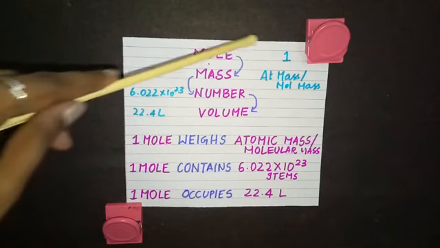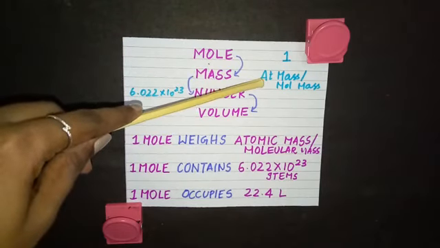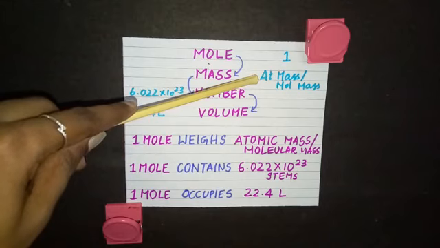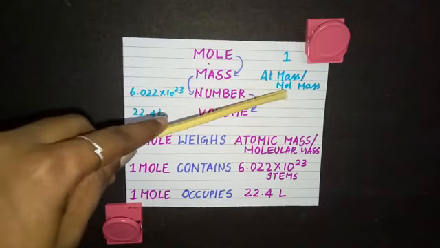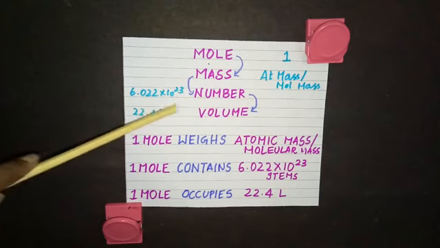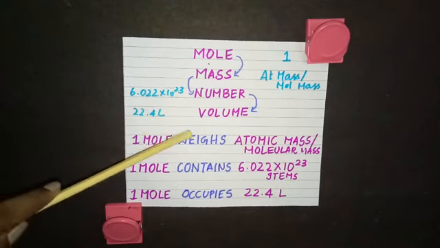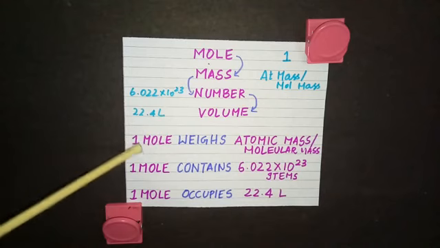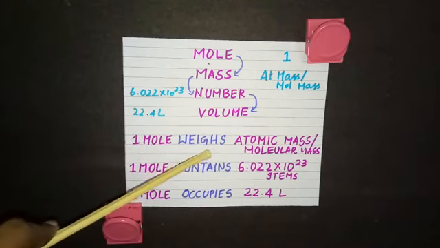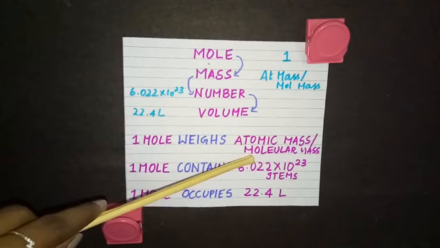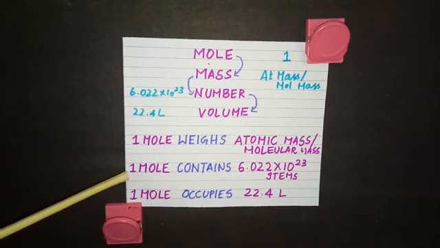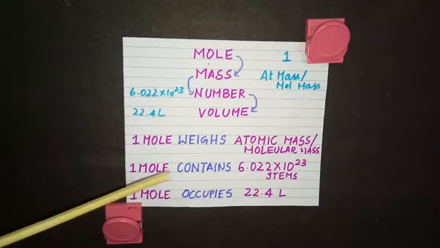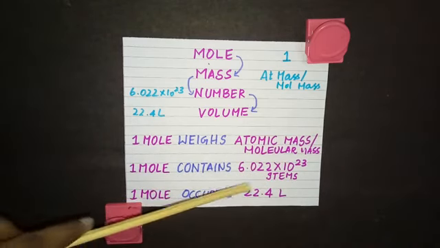See, 1 mole will have a mass of the atom's atomic mass or the molecular mass in the case of molecules, and has a count of 6.022 into 10 to the power 23 and occupies a volume of 22.4 liters. So this can be written as 1 mole weighs its atomic mass or molecular mass, and 1 mole contains 6.022 into 10 to the power 23 items. 1 mole occupies 22.4 liters.